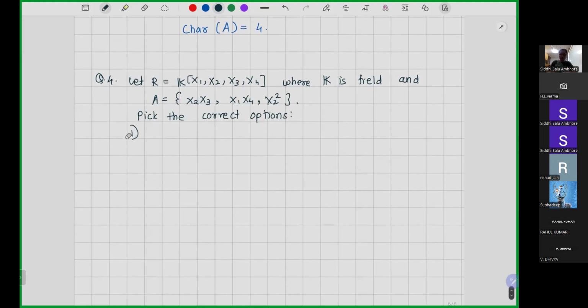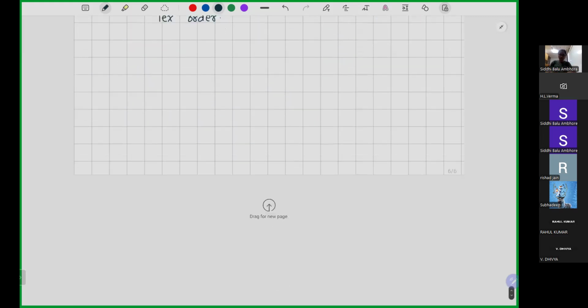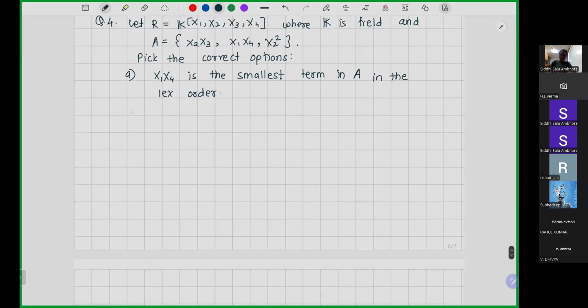The first one is that x1x4 is the smallest term in the lex order. Lex order, I will just quickly define what lex order is, but for now, let me just write all these options.